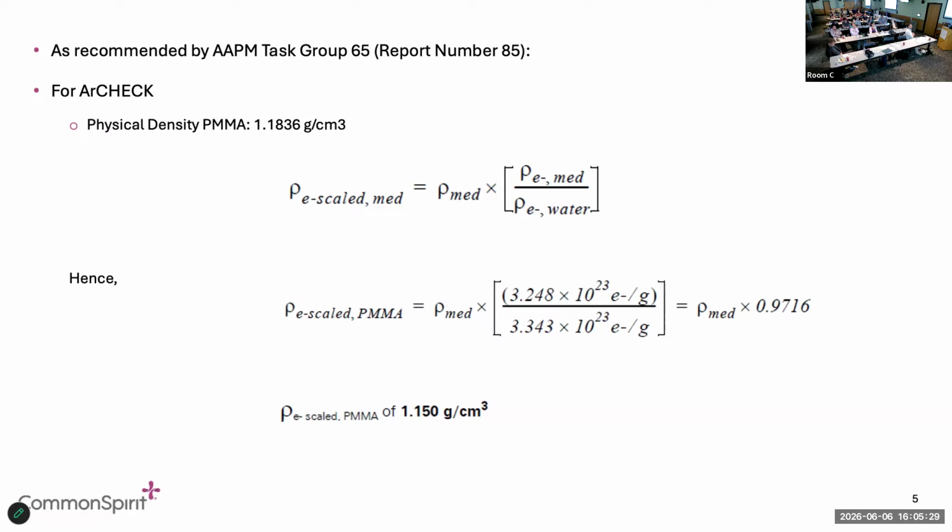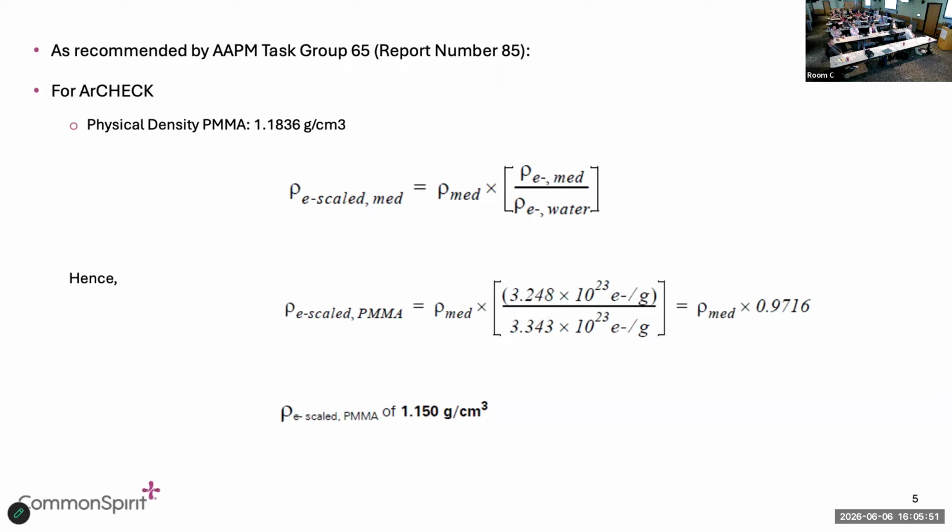SNC recommends on page 499 that the density of the PMMA is 1.18. And then they start recommending that it's that density, but you need to potentially take into account that it's non-human tissue.